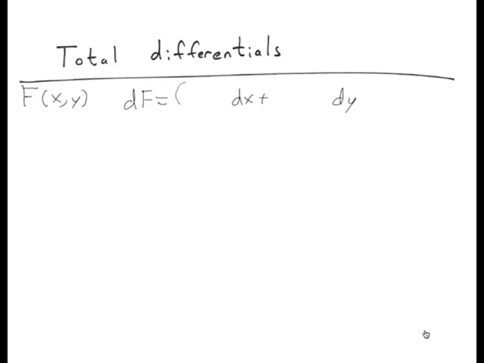What also matters is the slope, how rapidly f varies with x, and how rapidly f varies with y. So in both cases, we're multiplying the slope by a change to get how much the change in f due to y is, and the slope and the change in x to get how much of the change in f is due to x. And we put them together, we get the total change in f.